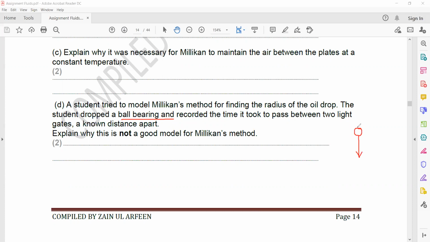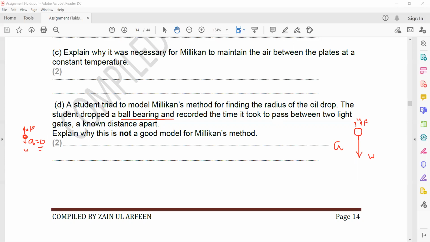So this cannot match the Millikan oil drop method, because the oil drop has a very small weight, so it can easily balance with the upward force, which is upthrust and viscous drag. But the weight of the ball bearing is more, so it cannot easily match the upward force, which is viscous drag and upthrust. That is one thing. The oil drop will have no acceleration, or acceleration will be zero, because no resultant force is there.